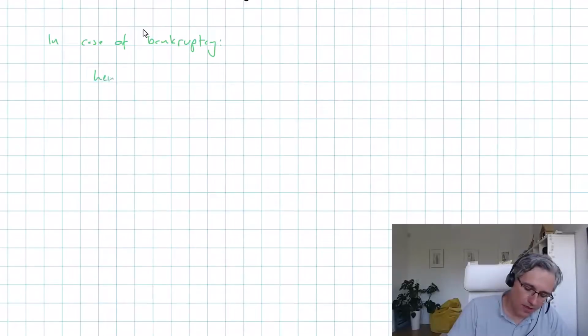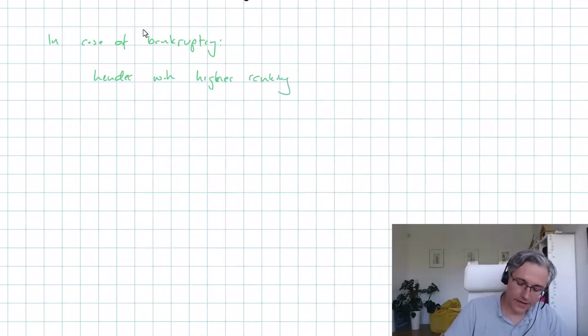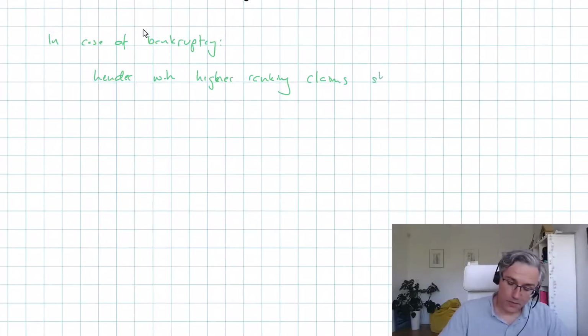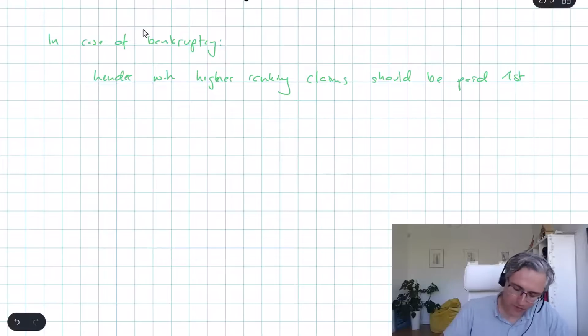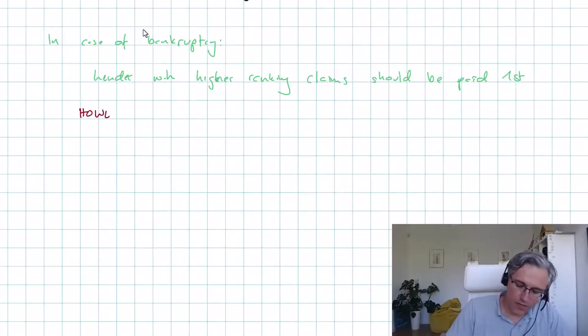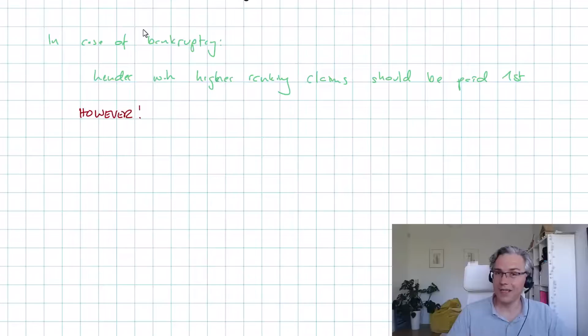So, lenders with higher ranking claims should be paid first. That's the general expectation. However, what you may encounter in practice is not necessarily this.